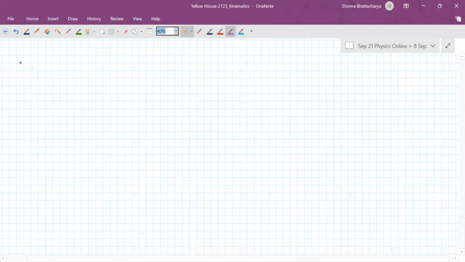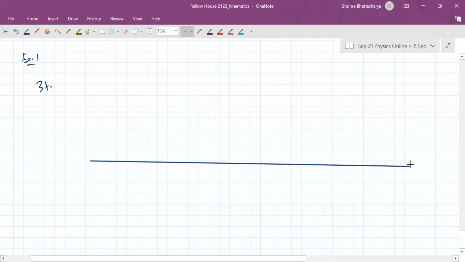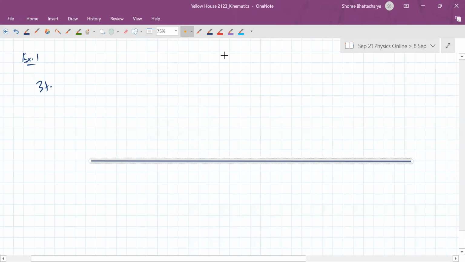Let's say this is the horizontal ground from which we have projected the speed u at an angle theta. The particle is following this kind of a trajectory, reaching a maximum height of h.